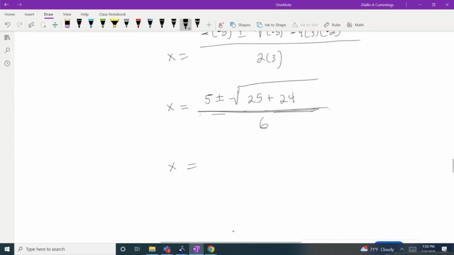So on the next step, we're going to simplify the inside of the parentheses.